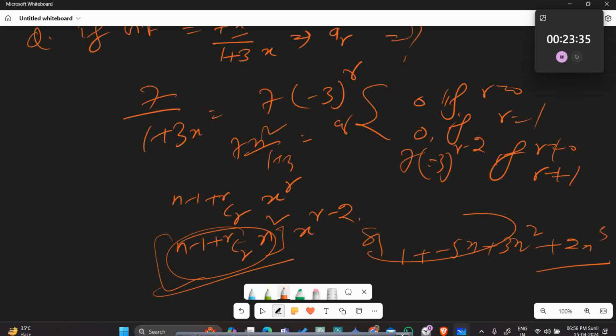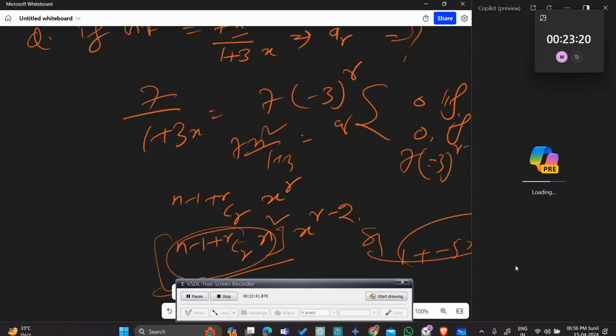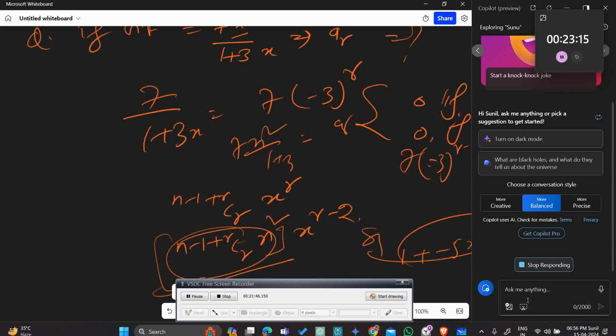Generating function for sequence. Alright, before starting recurrence relation, we will take some help from Copilot. Copilot is good, I think. In my opinion, Copilot is good.